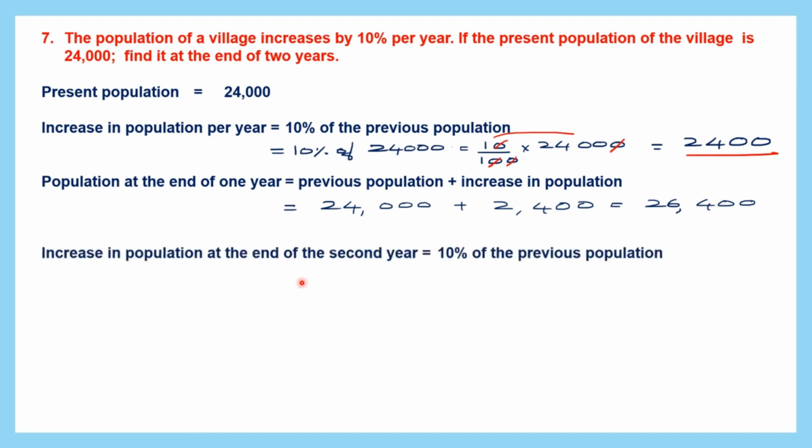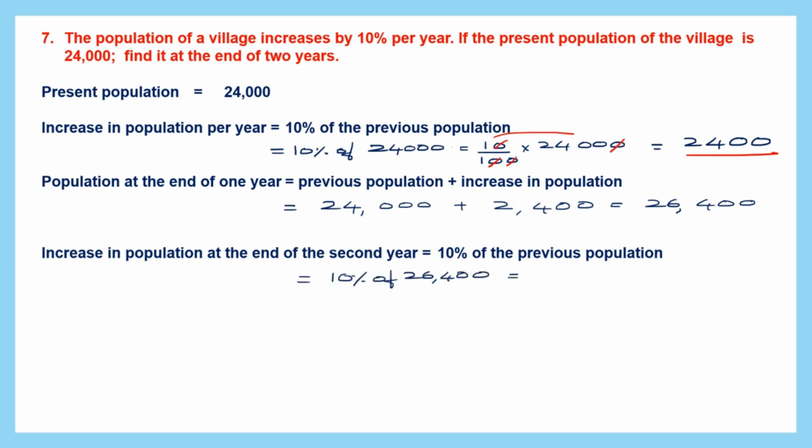Now, increase in population at the end of the second year is 10% of the previous population, just like this. 10% of the previous population. So this will be 10% of 26,400.